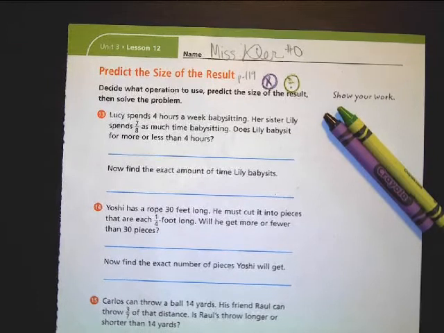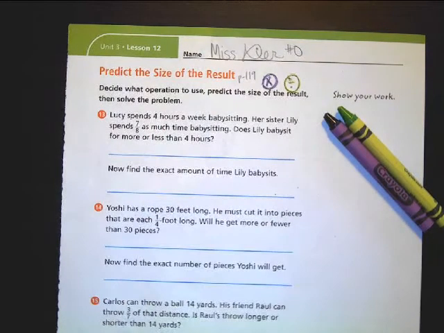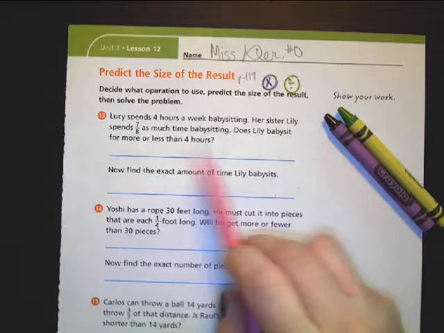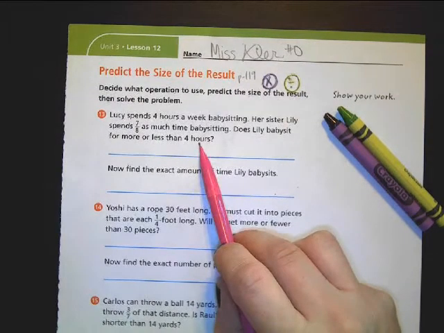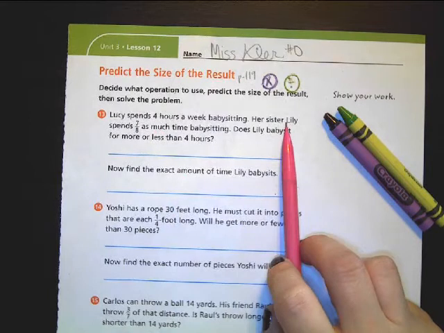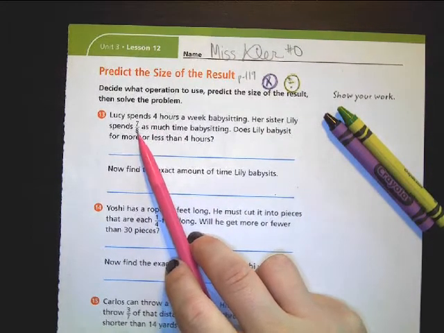So, a lot of different things are happening here. We got this. Lucy spends 4 hours a week babysitting. Her sister Lily spends 7/8 as much time babysitting. Does Lily babysit for more or less than 4 hours? So, this is the predicting part. Think about it. Lucy goes 4 hours. Her sister, Lily, does 7/8 as much time.